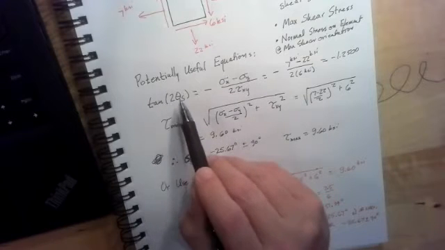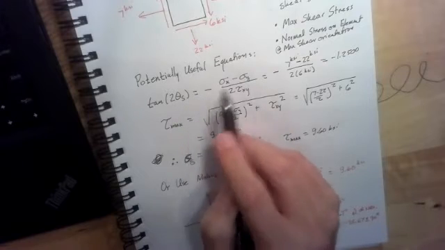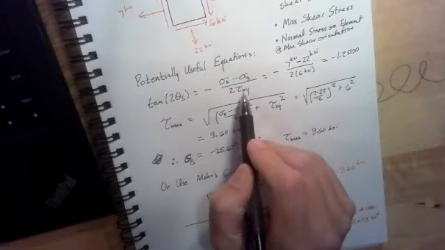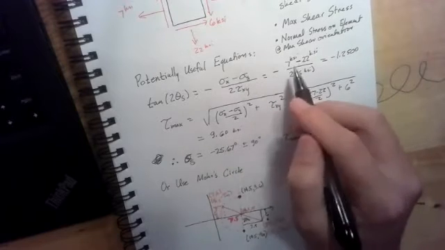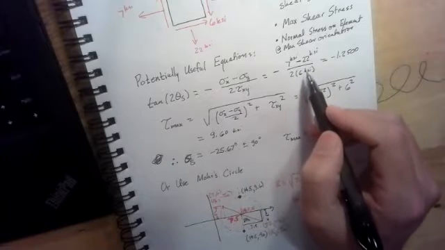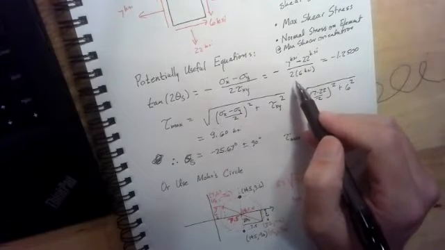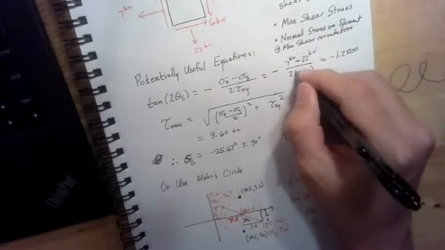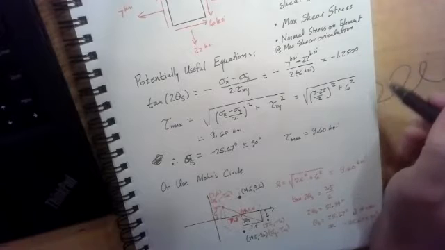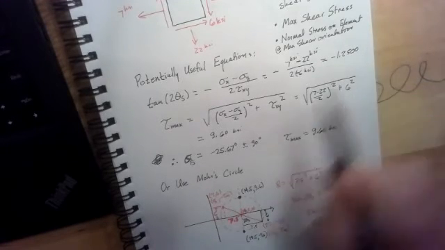So you would have tangent of 2 theta s, the orientation of the maximum shear plane, equal to negative sigma x minus sigma y over 2 tau xy, and that would be equal to negative 7 ksi minus 22 ksi over 2 times negative 6, or negative 1.2500 for tangent of 2 theta s.